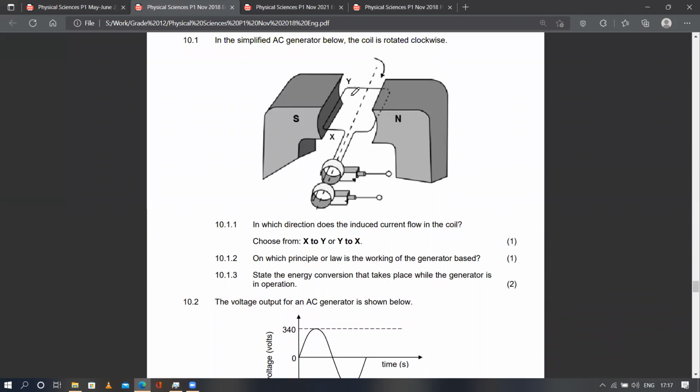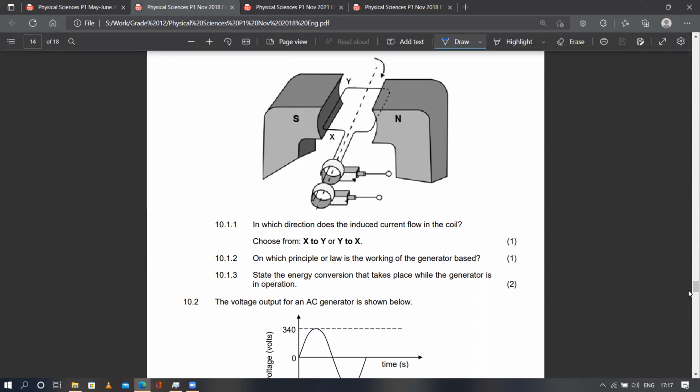So the energy conversion that takes place in a generator is mechanical energy to electrical energy. That's simple enough.